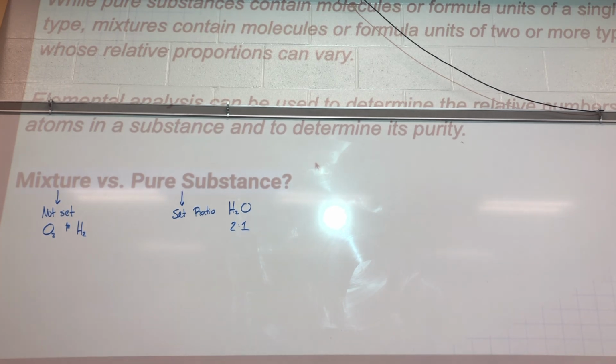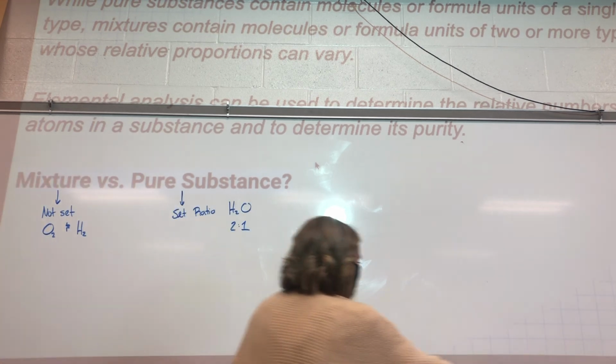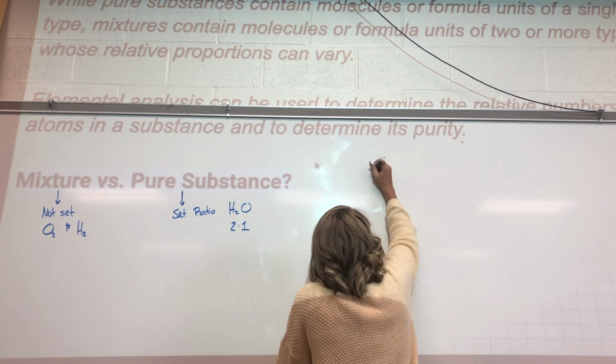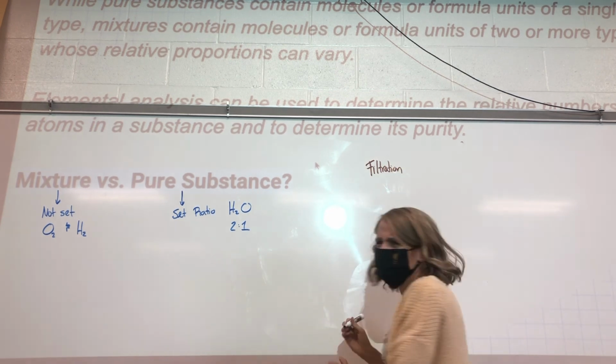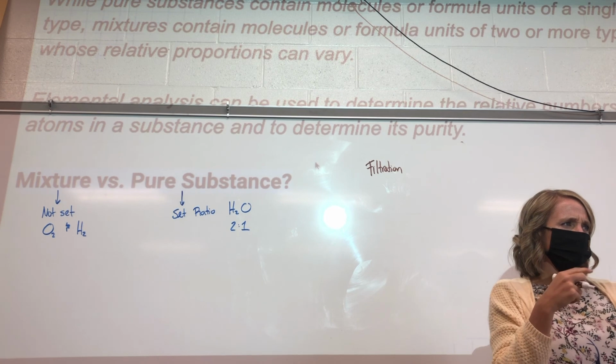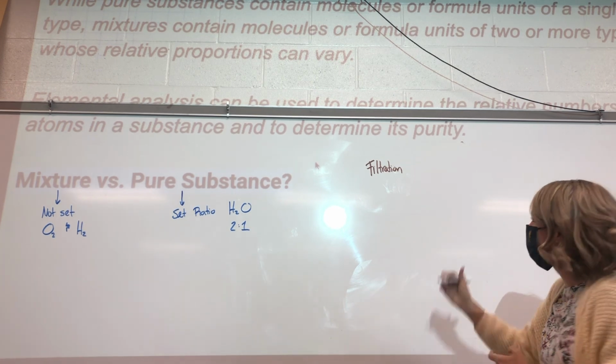Very good, and that is the best way to separate, in chemistry, a solid from a liquid. In chemistry we call it filtration. These are in your notes, they're just not in the order I'm talking about them, but you should see headings for each.